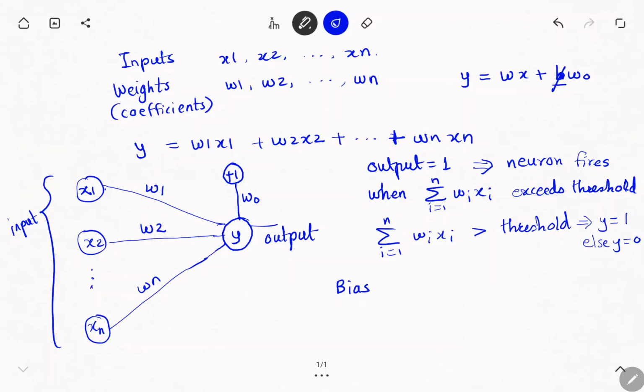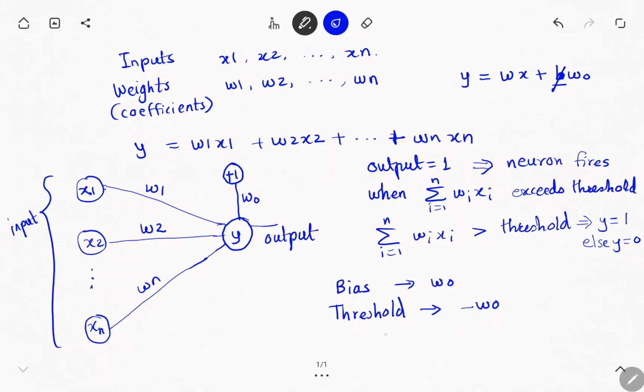Now, if w0 is the bias, then in order to make sure the equation still looks like the familiar linear model, we will say that the threshold is minus w0. If the bias is w0, then the threshold will be minus w0.